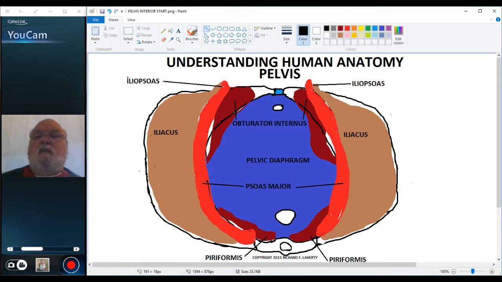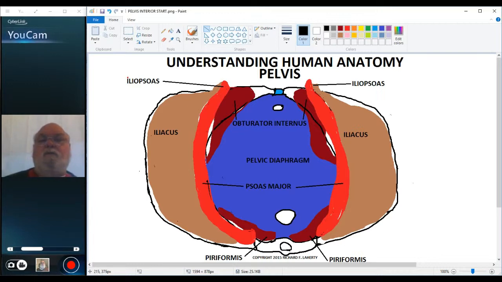And these are the muscles we find on the inside of the pelvis. Now, the pelvic diaphragm we've discussed previously, and it is the diaphragm sealing off the bottom of the pelvic cavity, or the bottom of the abdominal pelvic cavity.